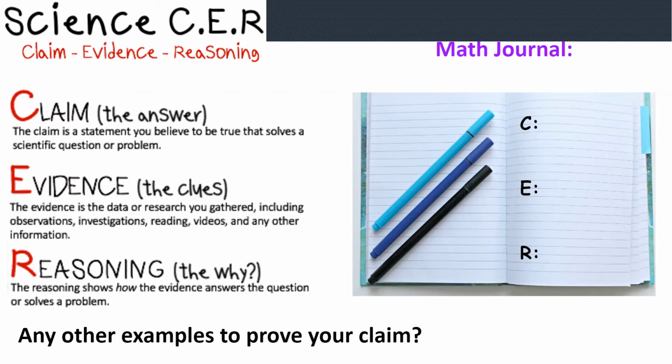Evidence is the data or research you gather, including observations, investigations, reading, videos, and any other information. Reasoning shows how the evidence answers the question or solves the problem. Now, this is a science strategy. We are going to use it to explain our maths activity today. In short, claim is an answer, and there's an observation that I would like you to make, and a conclusion I would like you to make.